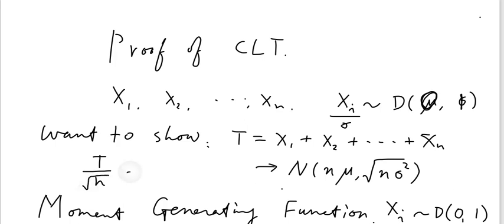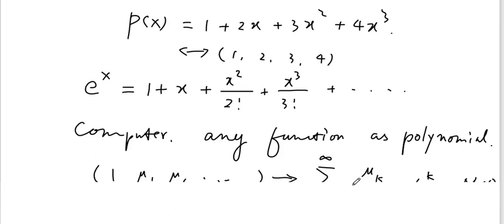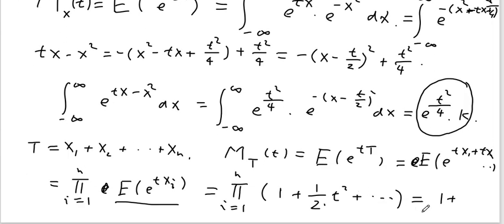We just need to check that t over radical n follows mean 0 and sigma radical n. If we take the radical, we just need to prove this. For t over radical n, there is a coefficient with radical n, so we have radical n squared, which is just n.